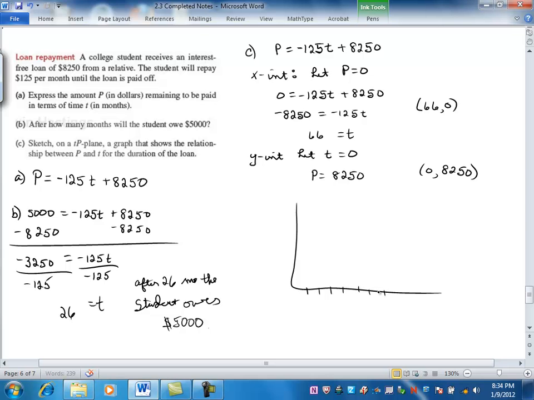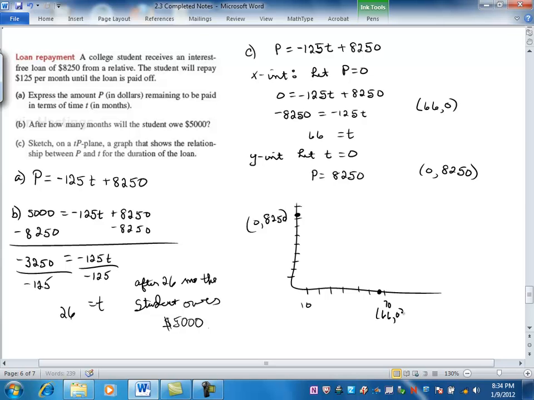So here we are, 66, 0. And if I mark off the y-axis in thousands, 3,000, 4, 5, 6, 7, 8, 9. There's 8250. And so we plot each of these.